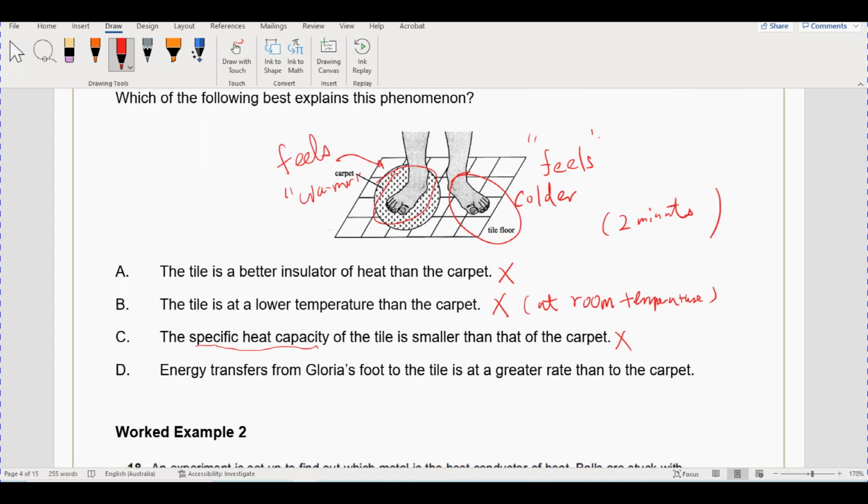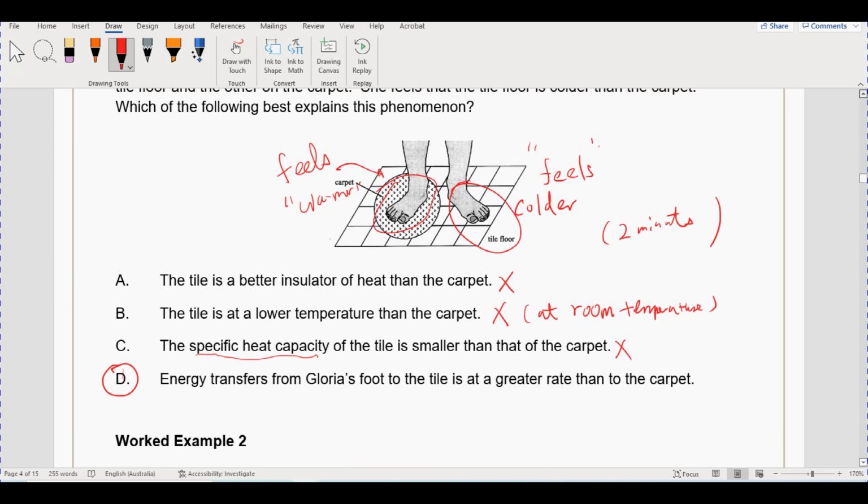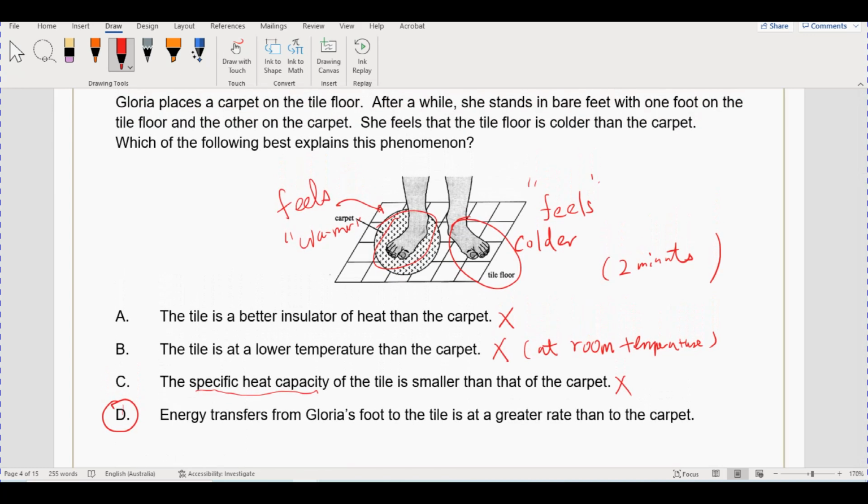And the last one: the energy transfer from Gloria's foot to the tail is at a greater rate than to the carpet. I think that's the answer. Okay, why? Because we know Gloria's feet, like normally our feet, are around 35 degrees, let's say. And how about the tail?